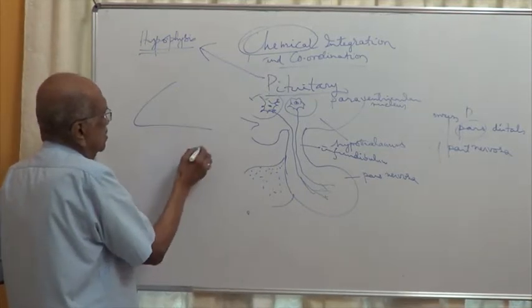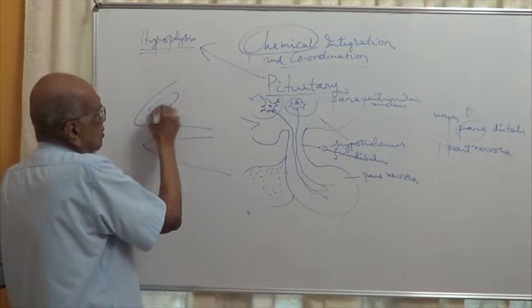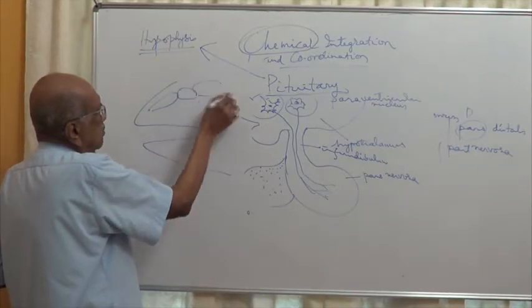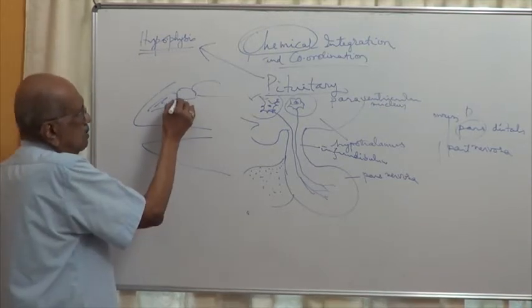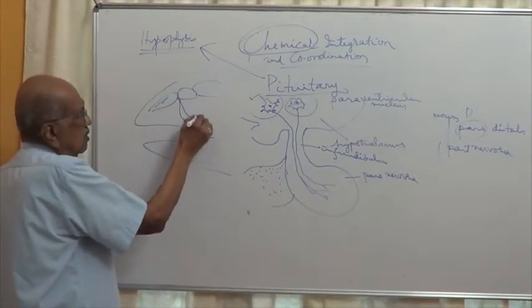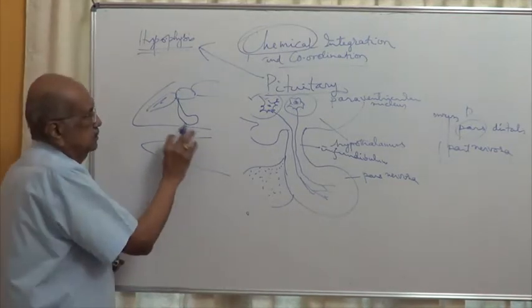This is the head. This is the buccal cavity. This is the developing brain. The developing brain produces a downward growth.